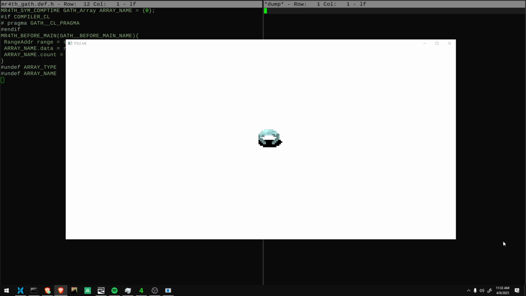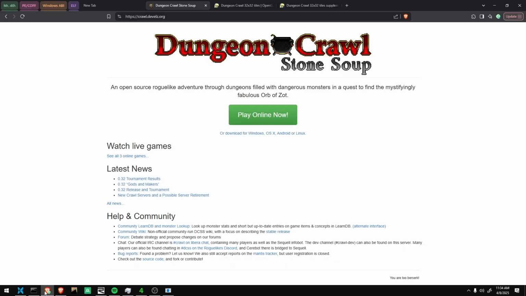So I whipped up a little pixel art rasterizer and plugged in this tile set that I found out was free open source material. There's this classic roguelike called Dungeon Crawl Stone Soup, which I'm an old fan of.